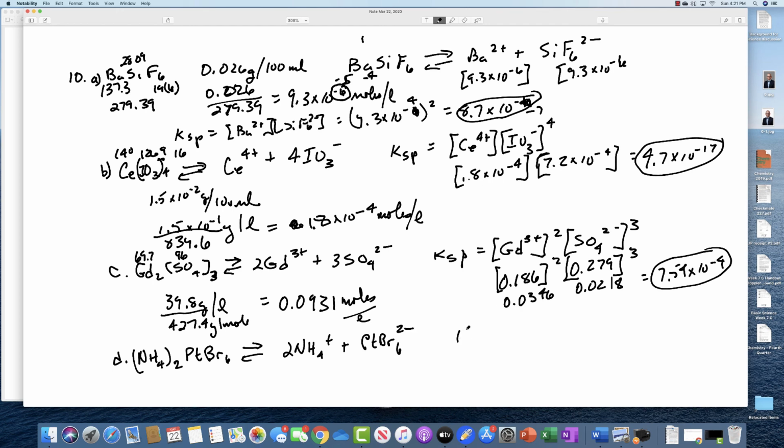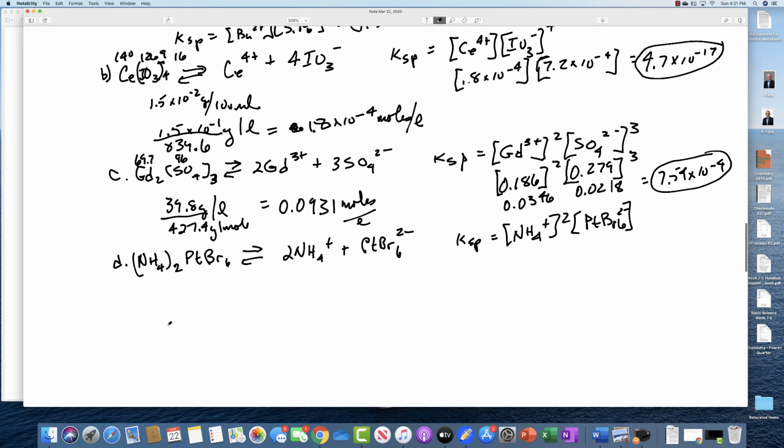So the KSP is going to be the ammonium concentration squared times the platinum bromide concentration, and the molecular weight here will be as follows.